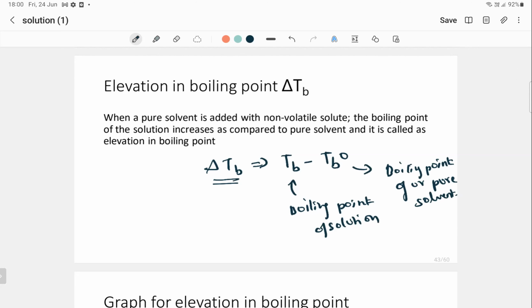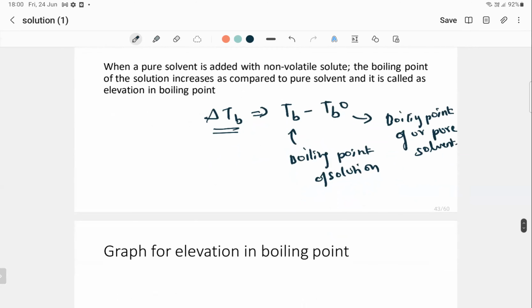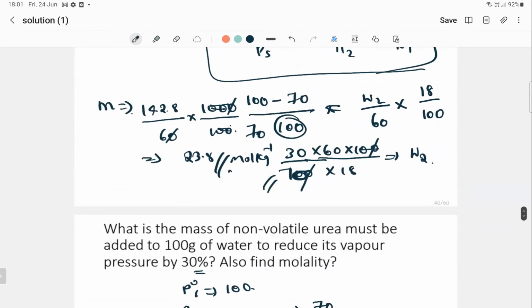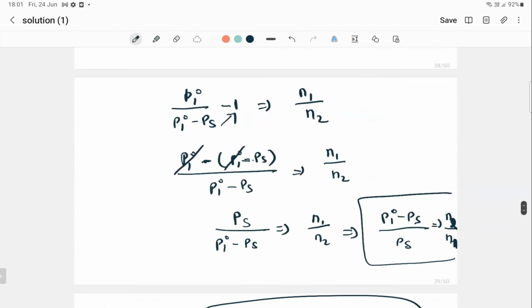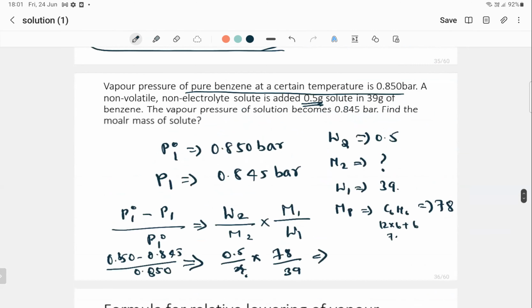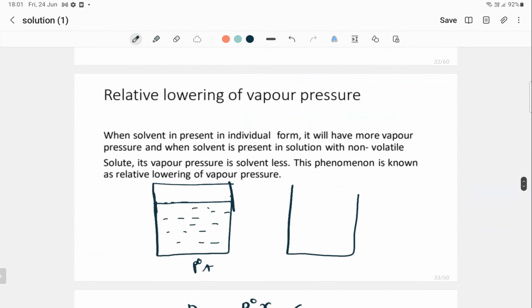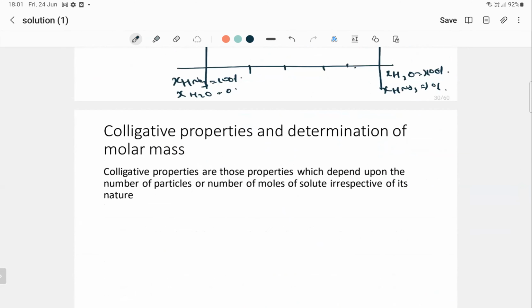Now, in your book, delta TB is directly proportional to molality. Why am I including molality? See this topic: colligative properties and the determination of molar mass of the solute.